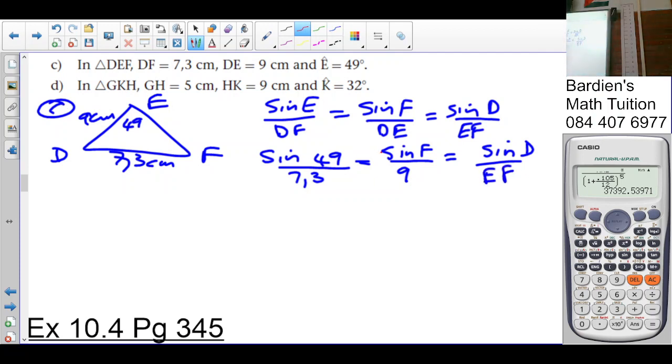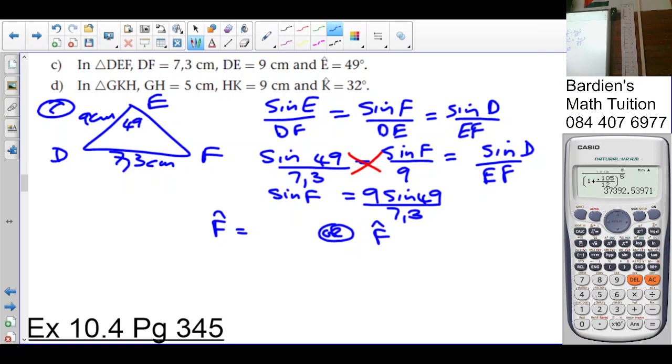So we can calculate F at this stage. So we say 9 sine 49 is equal to 7.3 sine F. To get sine F on its own, I divide by 7.3. The angle F could be one of two. As we indicated, the ambiguous case is evident here from the given information.